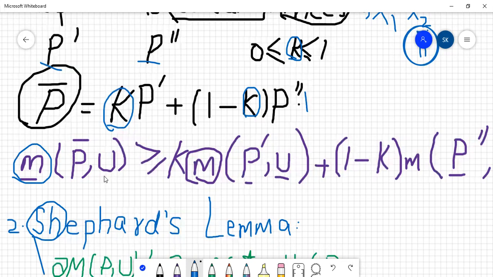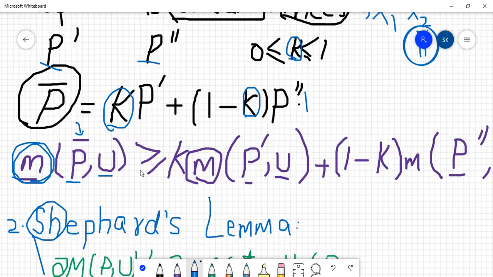This utility should be maximum. P bar are the equilibrium prices at which the consumer is willing to purchase the product and the seller is also willing to sell the product. So this iso-expenditure function is a function of the equilibrium prices given the utility.